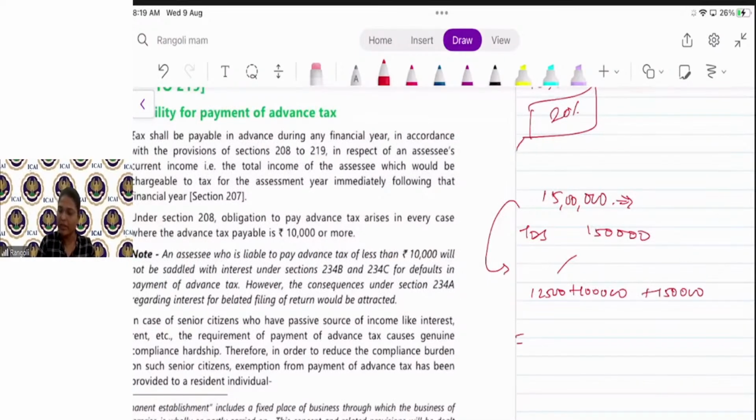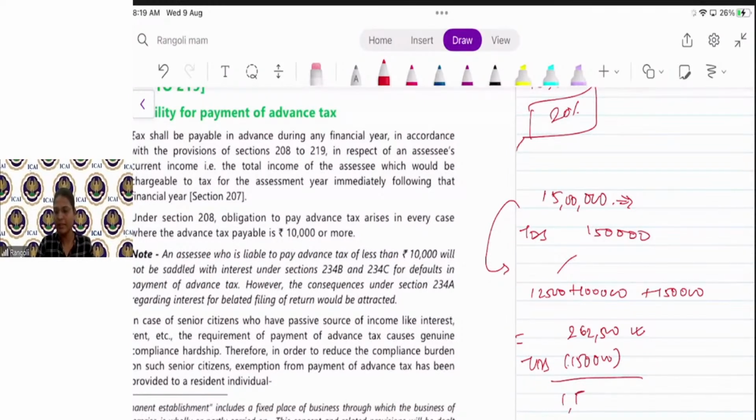So my actual tax liability comes to 2 lakh 62,500. Yes or no? But TDS deducted is only 1,50,000. I need to pay to the government 2,62,500. From 2,62,500, the TDS is 1,50,000. So balance comes to 1,12,500 I need to pay.